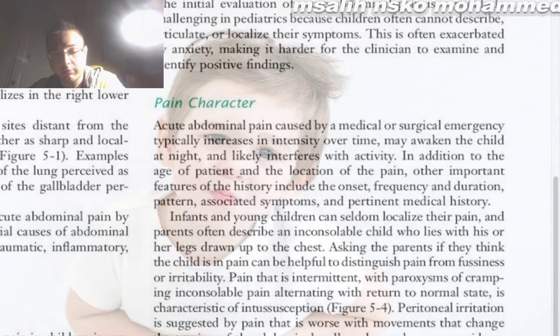And when the movement of the bowel is in the normal direction, because of the invagination or because of the obstruction, the pain will be very high and the patient starts to cry. So this was the surgical characteristics of the pain in the infant.